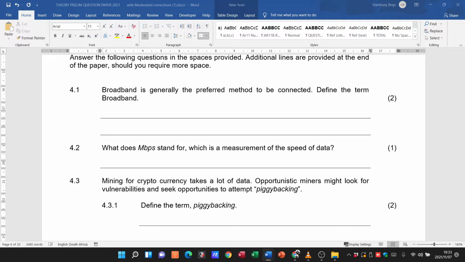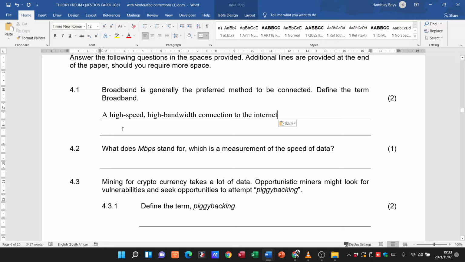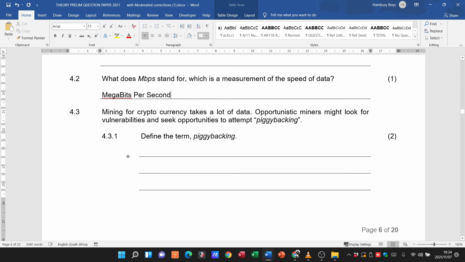Referring to a high speed, high bandwidth connection to the internet. 4.2, what does Mbps stand for? And that's going to be megabits per second. Okay? All right, moving on.